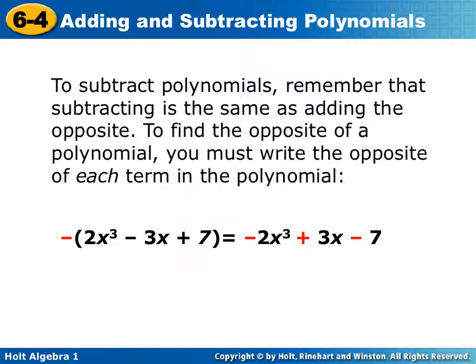Let me get to a subtraction one. So here we go with the subtraction. Now, remember, when you subtract integers or polynomials, remember subtracting is the same thing as adding the opposite. So what I like to do is what I call keep, flip, change or stay, change, change to the polynomial.